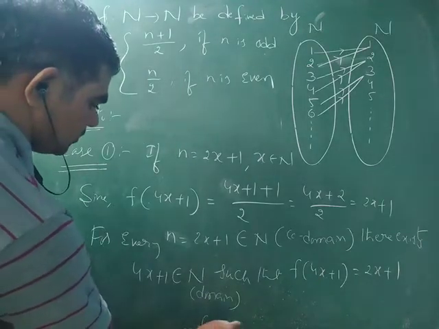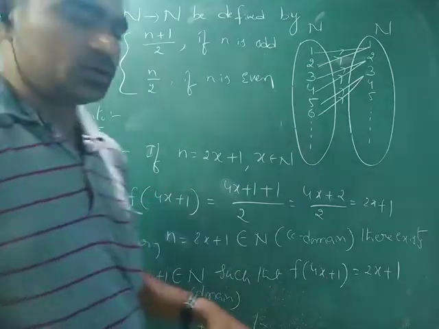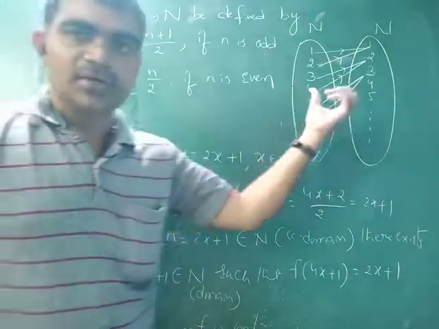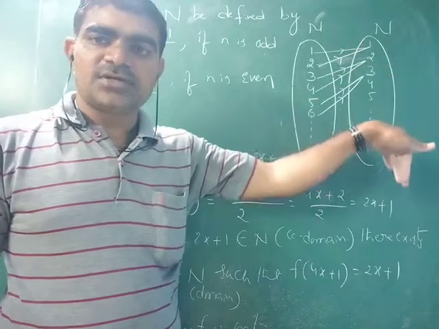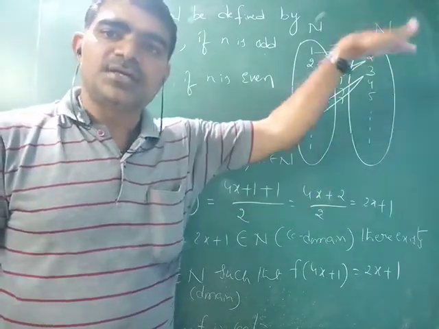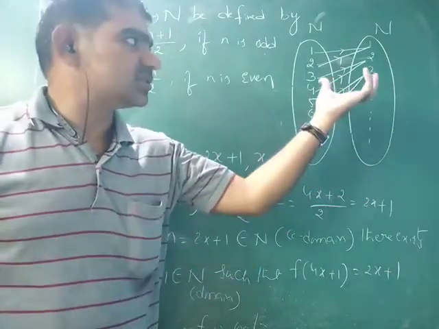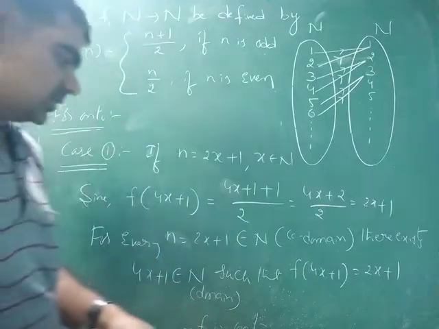Therefore f is onto. So in the odd case it is onto. In competitive exams, observe, every natural number gets images, and every natural number of the codomain has pre-images. For competitive exams this is enough. Only this is enough.